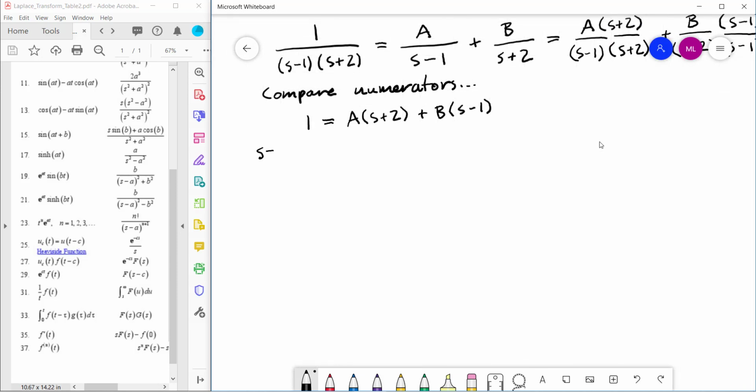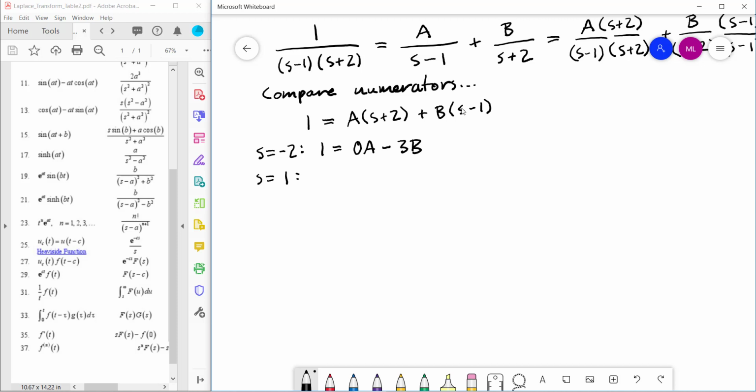If I just plug in s equals -2, I'll get a lot of cleanup, and if I plug in s equals 1, I'll get a lot of cleanup. So when we plug in s equals -2, on the left I still have my 1. On the right, this term will go to 0, so I'll have 0A plus, plugging in a -2 here, I'll get -3B.